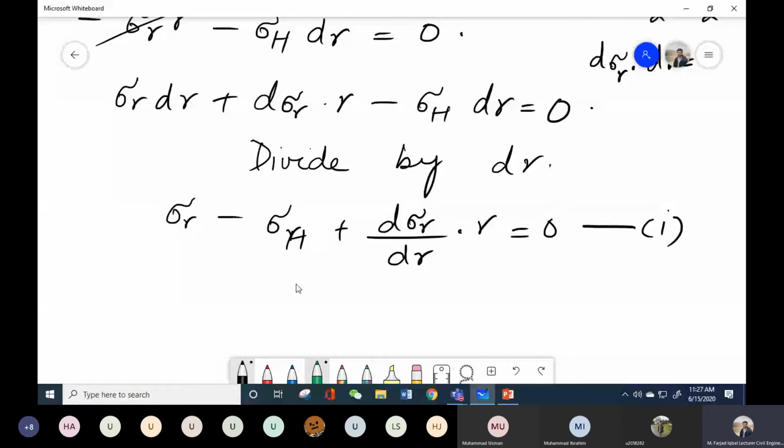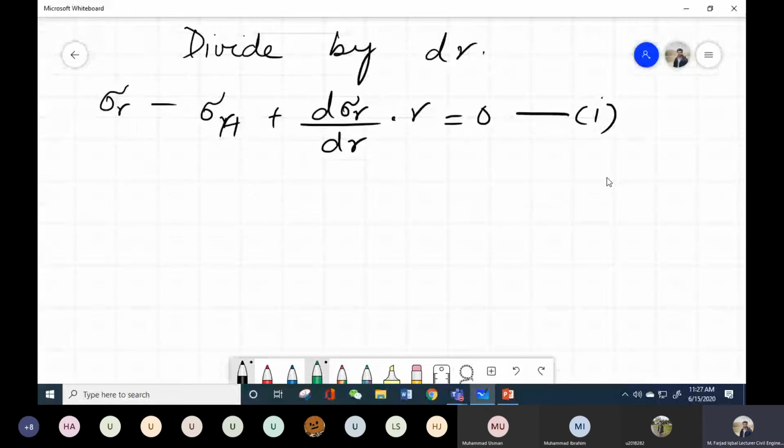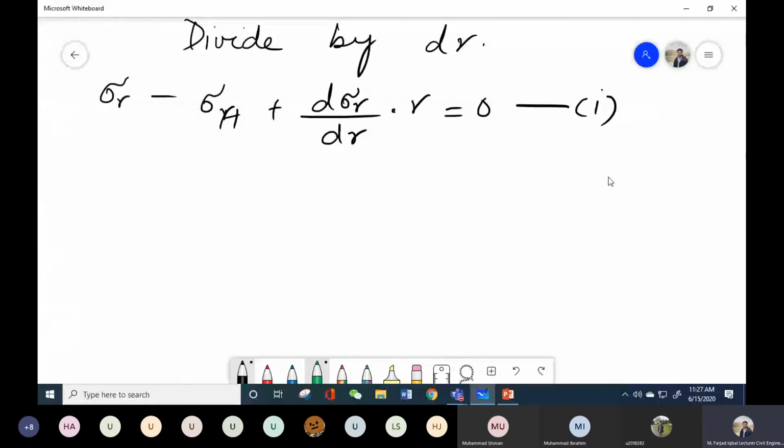Now if you remember, there was an assumption in the start that the longitudinal stresses or longitudinal strain in the case of thin cylinder are constant for different cross sections. In the previous class for the thin cylinder, we studied a relationship for different kinds of strain.